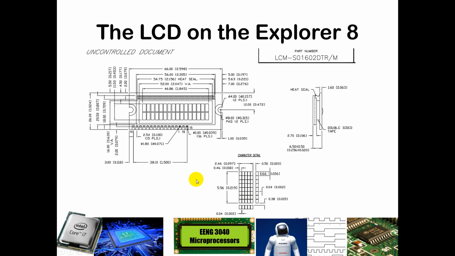The various letters, numbers, special characters that you can see displayed are made by using a dot pattern within this particular grid. So we have a 5 by 8 grid of dots, and that is used to display the various characters. Later on in this video lecture, I will showcase what characters can be displayed on the LCD and how to represent them.